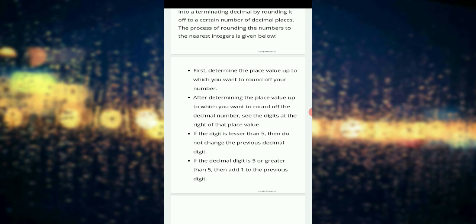The process of rounding the numbers to the nearest integers is given below. First, determine the place value up to which you want to round off your number. After determining the place value, see the digit at the right of that place value.